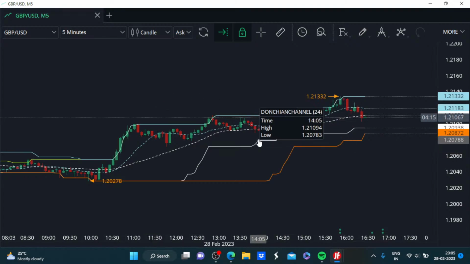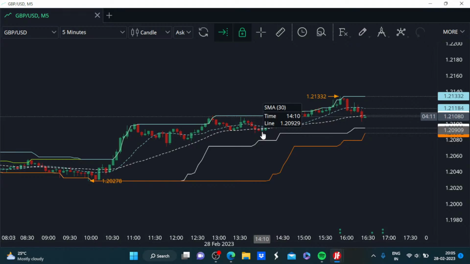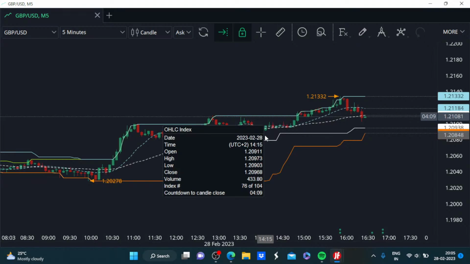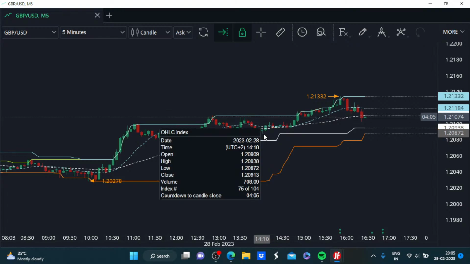So watch out for the immediate swing lows of around 1.208 to 1.209. If it is able to hold above these levels, we have the momentum which is still favorable for bullish trades, and we can continue to expect GBP USD to trade strong.